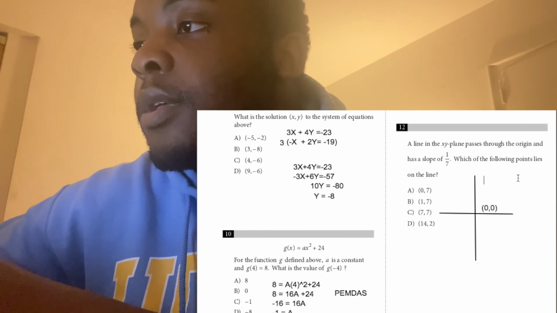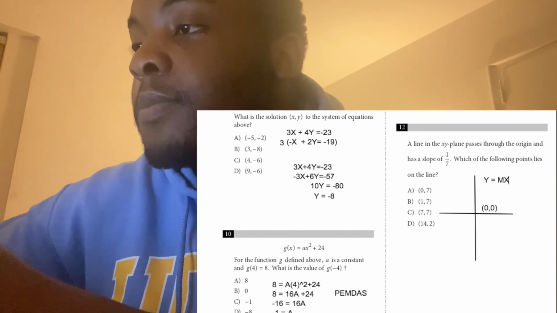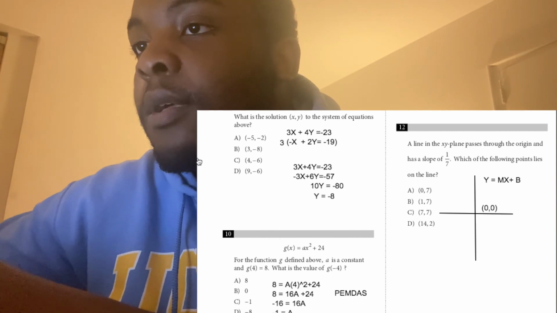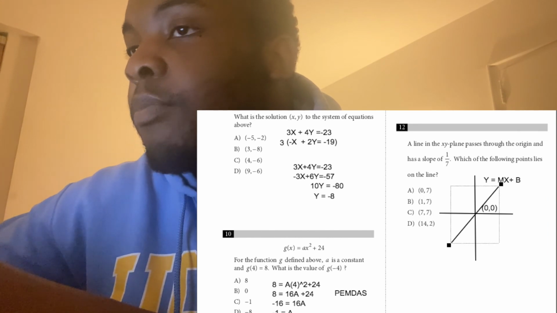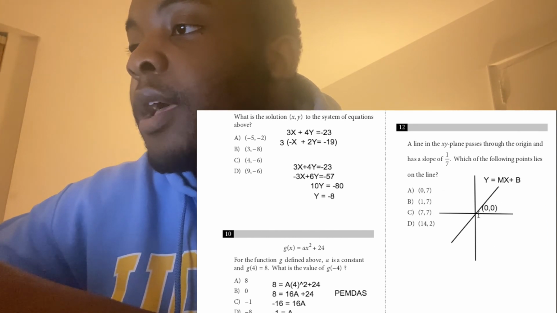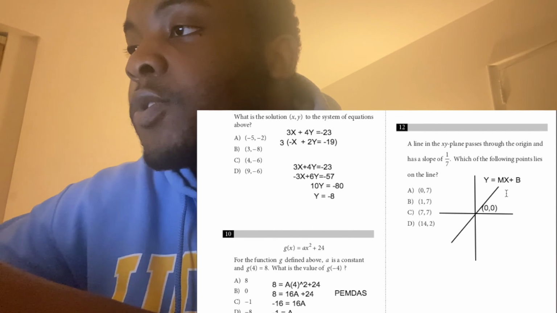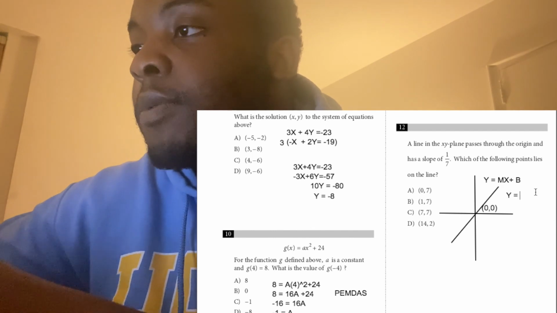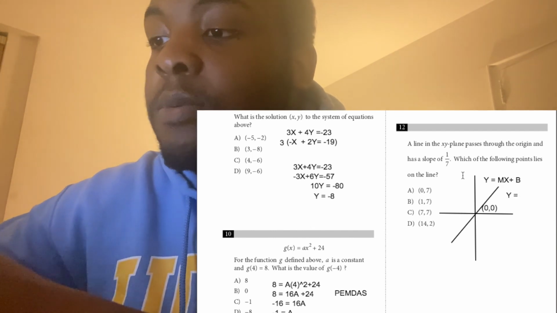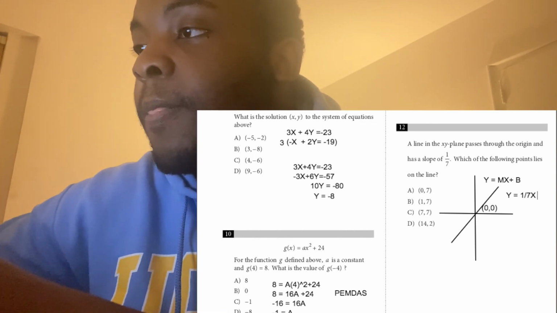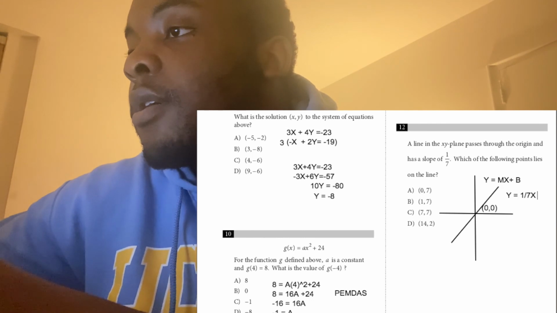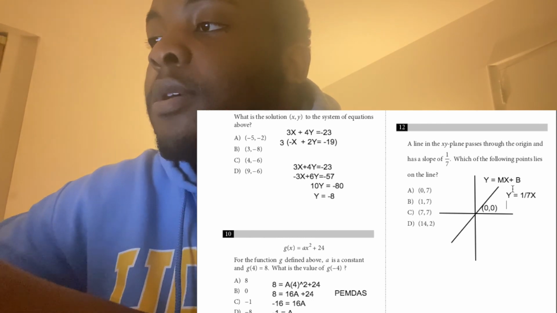Which means if we have a line y equals mx plus b, the y-intercept is going to be at 0. So b is literally 0, so it's really just y equals mx. And m is the slope, so it has a slope of 1 out of 7, so that's going to be your equation.